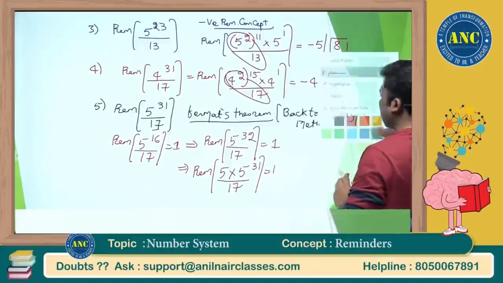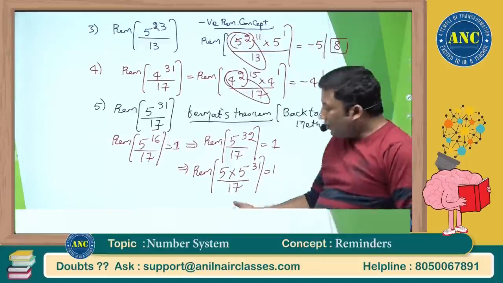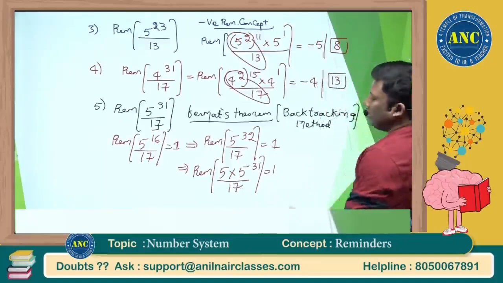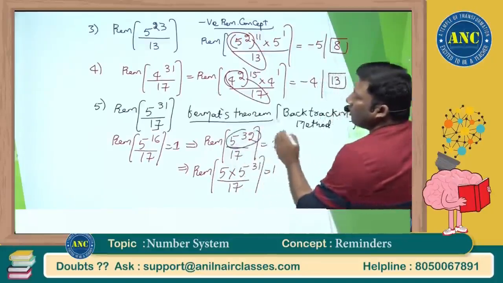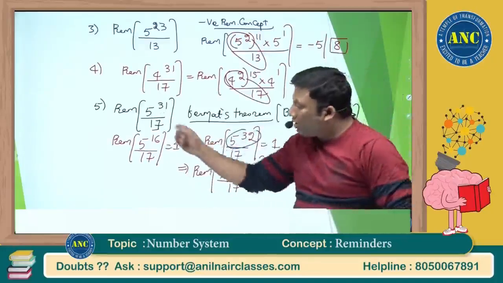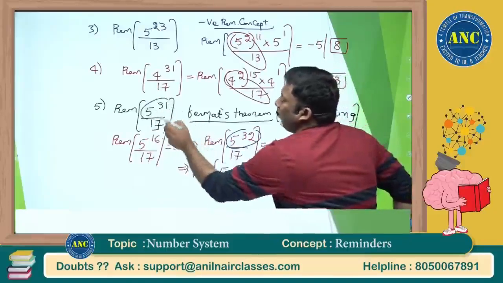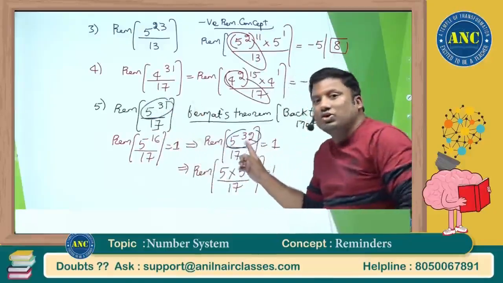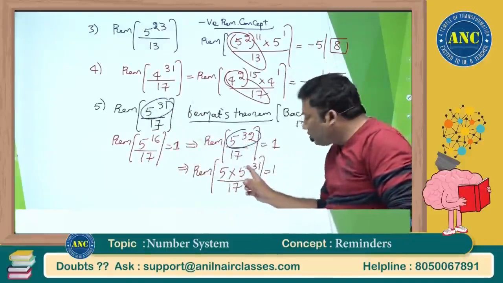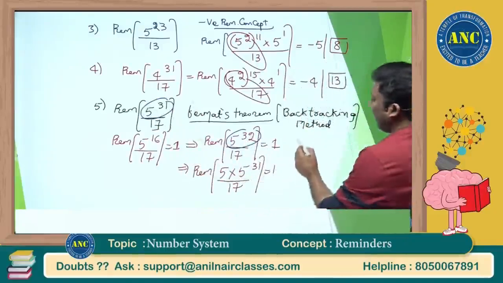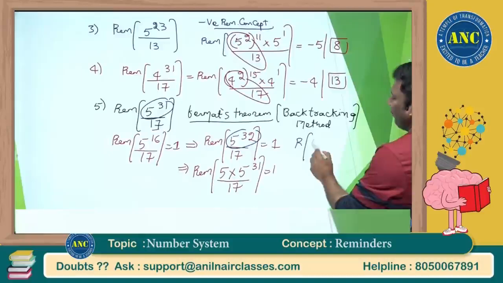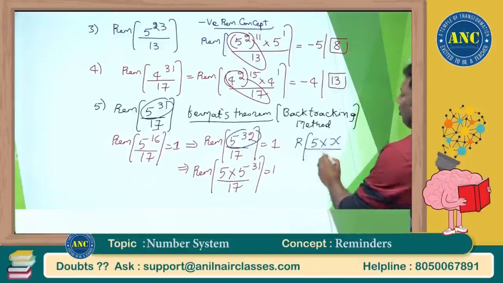Listen carefully here, sir, it is a very good problem. We got 5 power 32, but according to the question, we need 5 power 31. So 5 power 32 is 5 into 5 power 31. 5 divided by 17 is 5. And 5 power 31 divided by 17 is the unknown x.